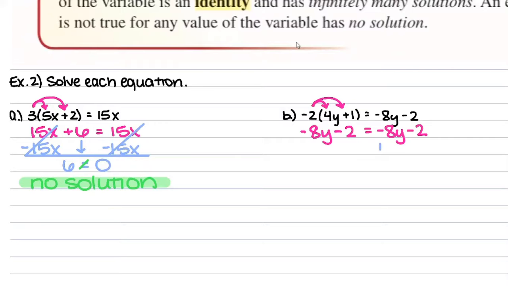If we moved those 8y's over, we would add them to both sides. Then my 2's would drop down and my 8y's would cancel on each side. So I just have negative 2 is equal to negative 2. Now this is a true statement, so my answer is infinitely many solutions.